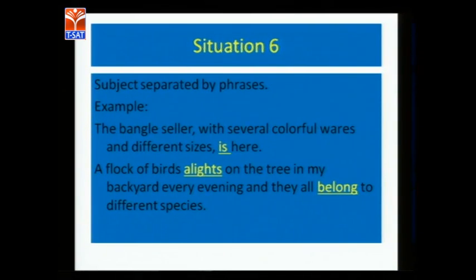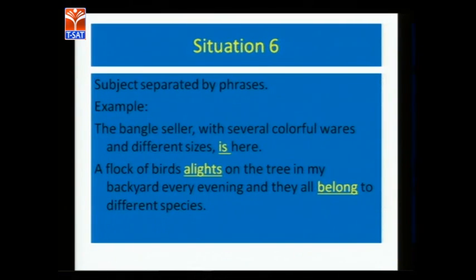A flock of birds alights on the tree in my backyard every evening, and they, what is they? Birds. They all belong to different species. So normally, if I have to continue with the meaning or the sentiment of a flock, then I say a flock of birds alights on the tree in my backyard every evening, and it has several species of birds, right?